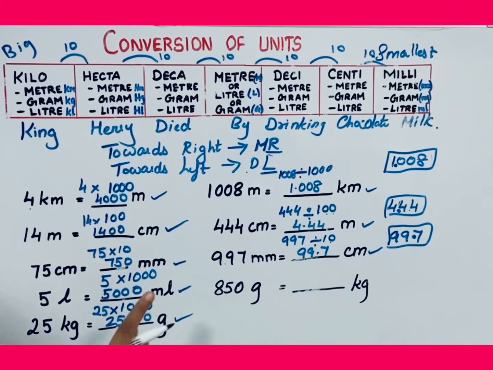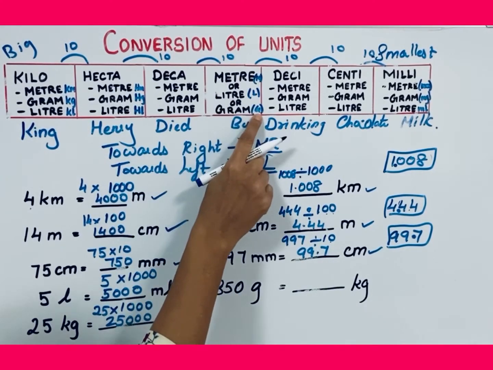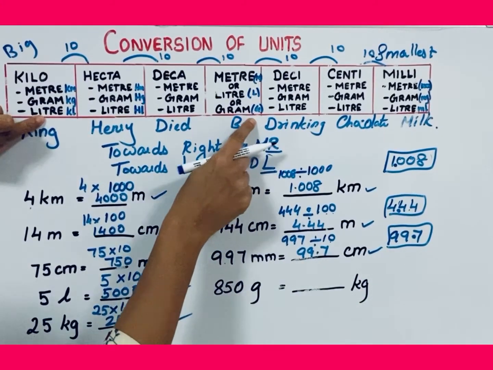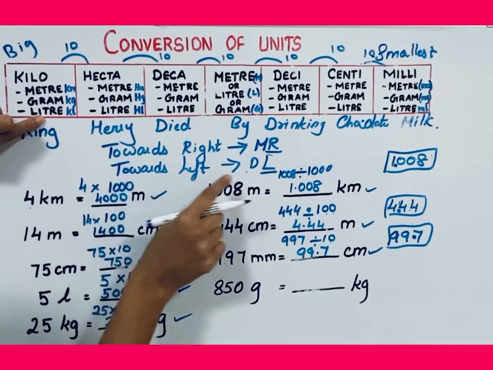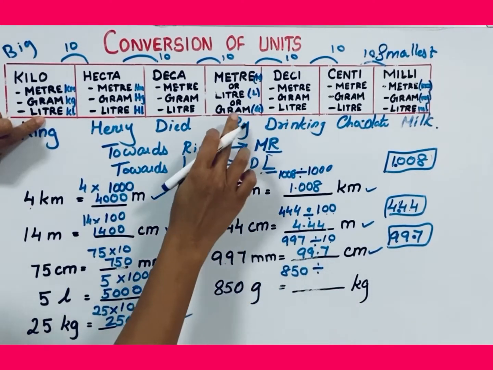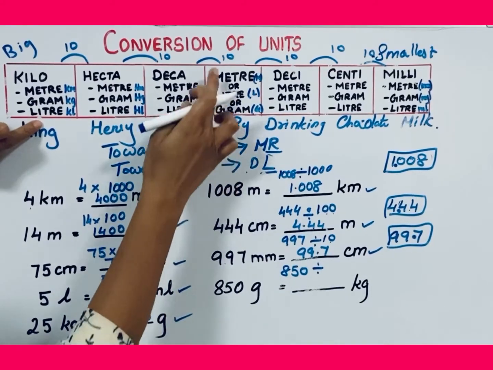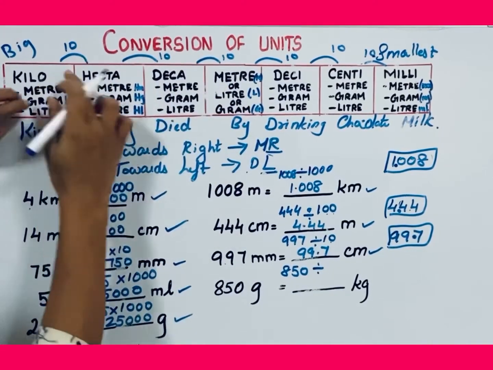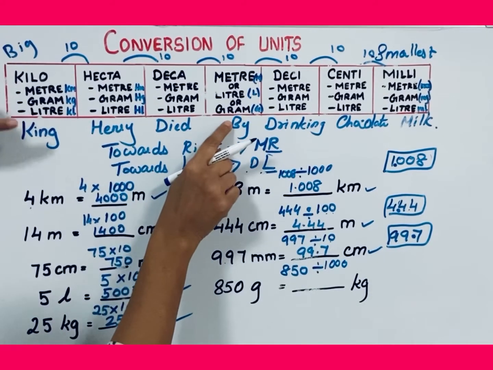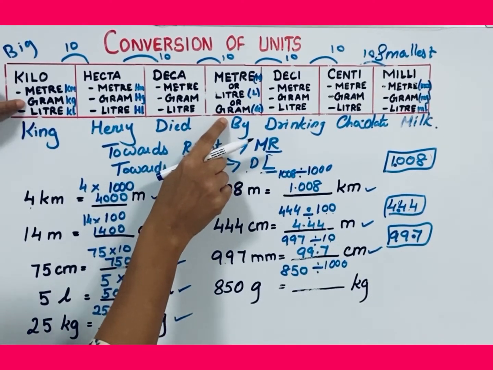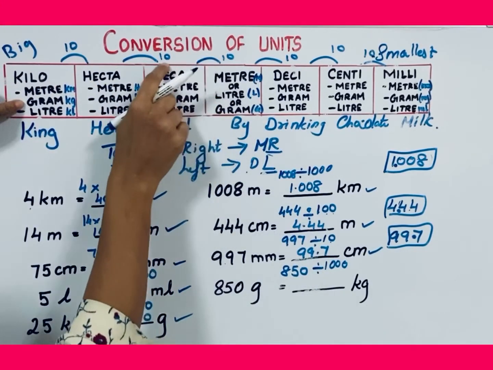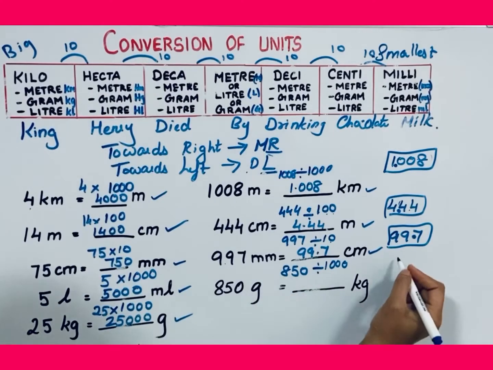Next, 850 gram to kilogram. To convert from gram to kilogram, gram is here. Next to kilogram, kilogram is here. So moving towards left is division. Take this 850 and divide it by 1000, as from gram to kilogram it's 1, 2, 3 zeros.